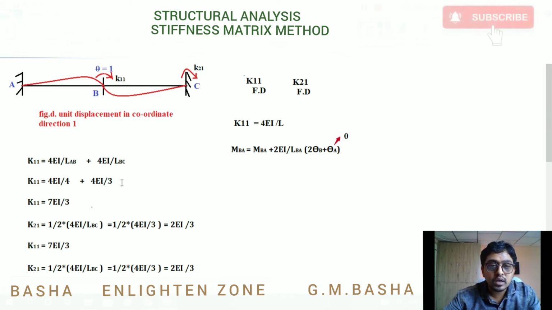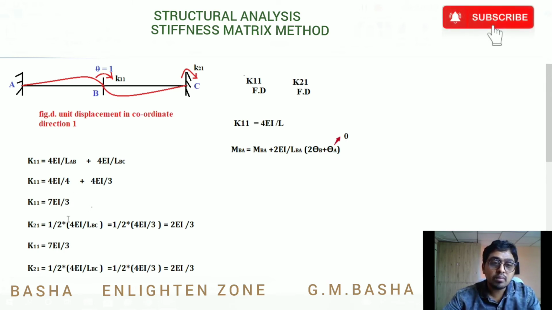If you simplify that, you will get 4EI by 4 plus 4EI by 3. 4 and 4 cancel, so EI plus 4EI by 3. Take LCM as 3: 3 plus 4 means 7EI by 3. That is your K11 stiffness matrix.